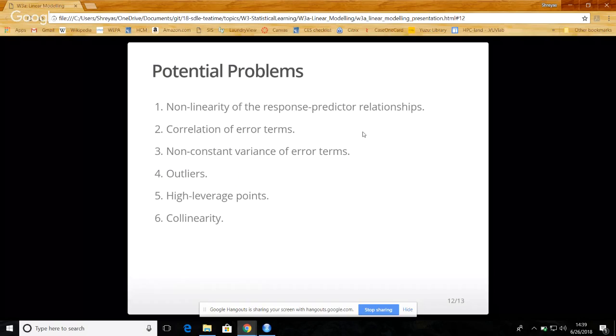Okay, so let's talk about some of the potential problems. These are things you want to keep in mind. It's easy to implement a model in R, but these are some things you want to keep in hindsight to think about what your model means. Is it useful? So first we have non-linearity in the response-predictor relationships. If you're using linear models, you expect that there should be a linear relationship between your response and predictor.